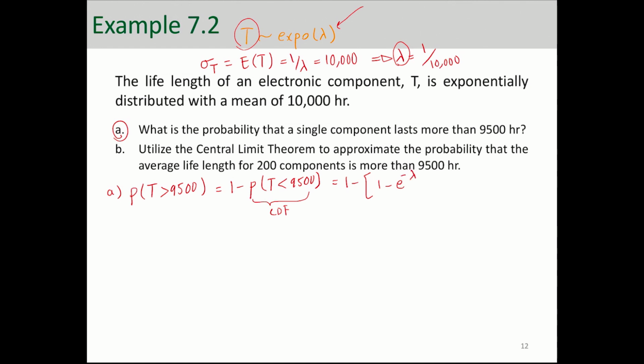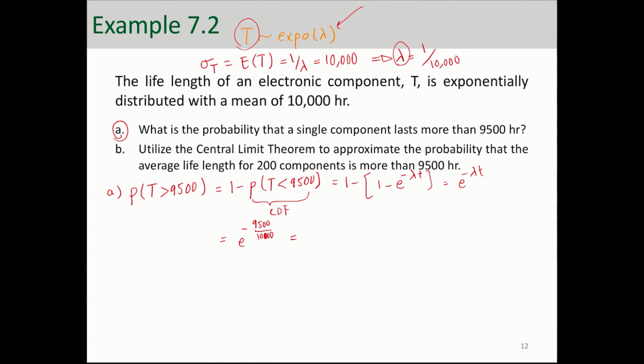And in this case, it will be basically equal to e to the negative lambda t, which is equal to e to the negative 9,500 divided by 10,000. That is lambda times t.